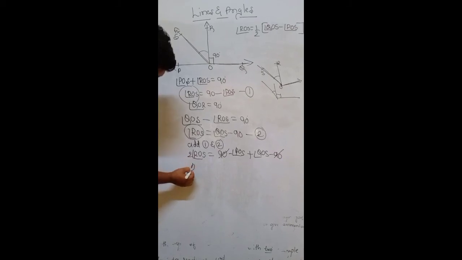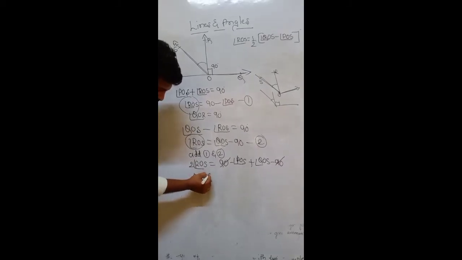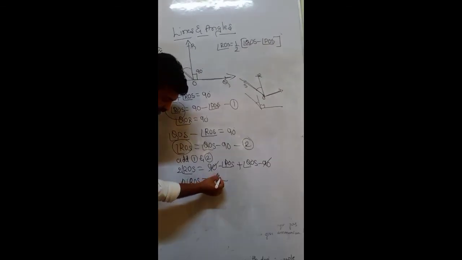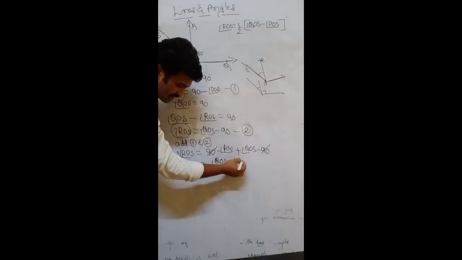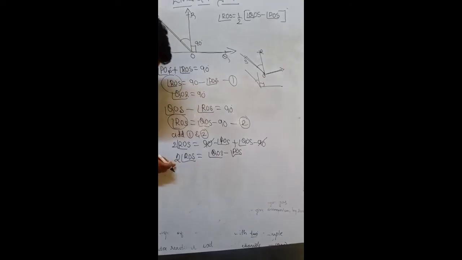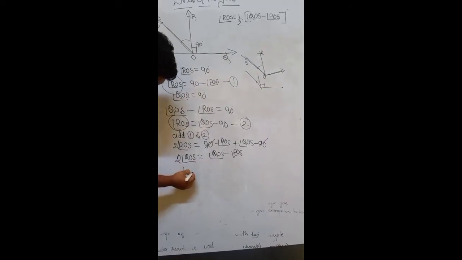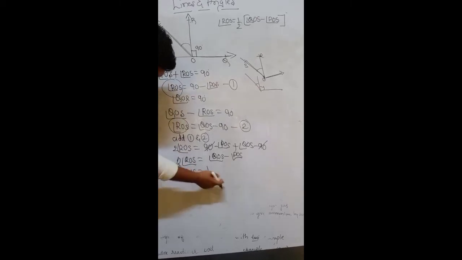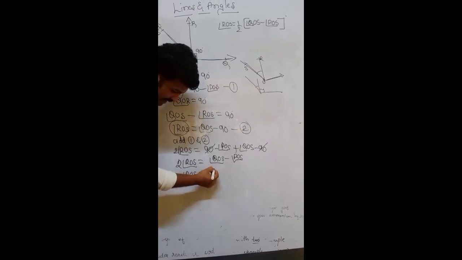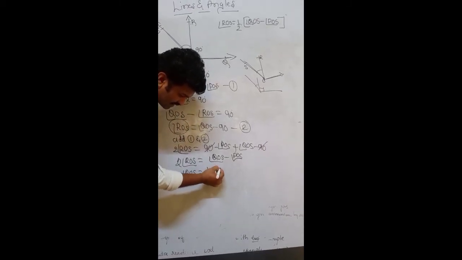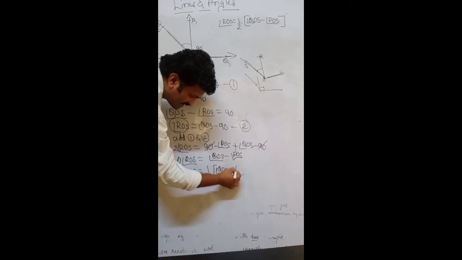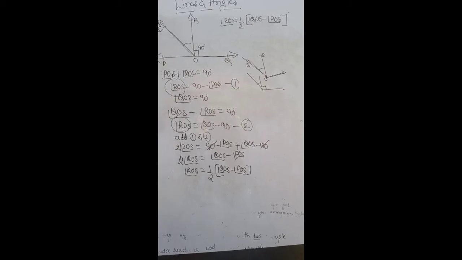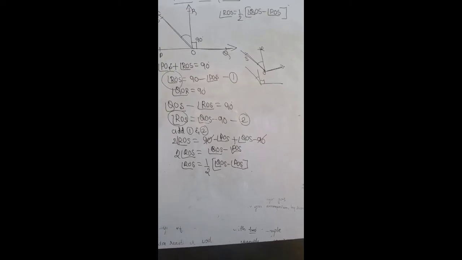What remains? 2 ROS equals, I'll write this positive first, QOS minus POS, and take this 2 to the other side. ROS equals half, this becomes half when it goes to the other side, and what remains? Angle QOS minus angle POS. Hence proved.